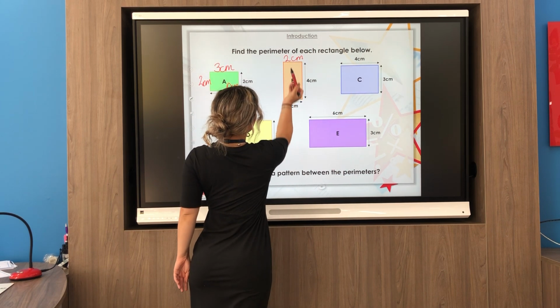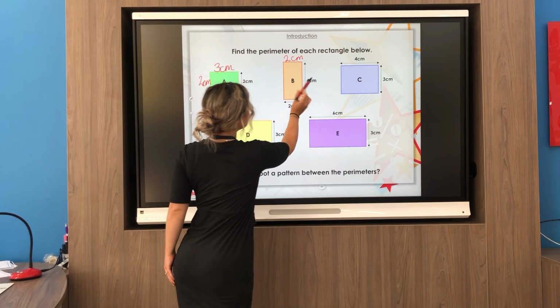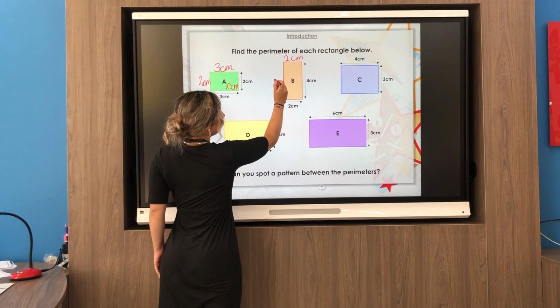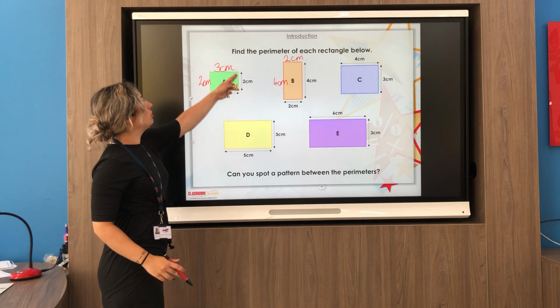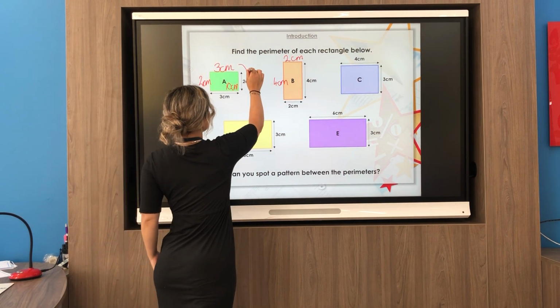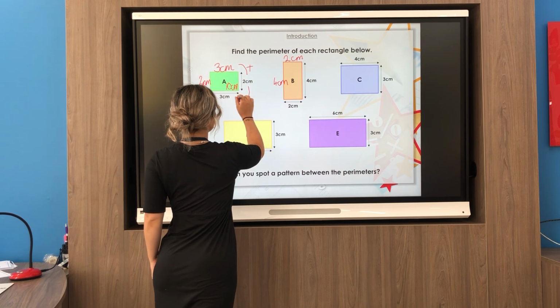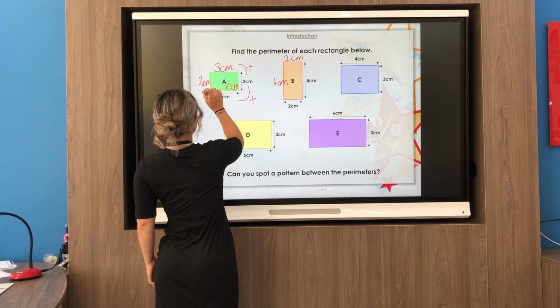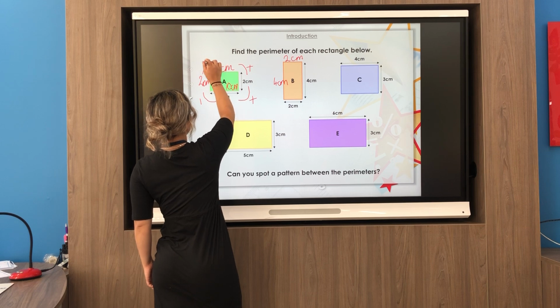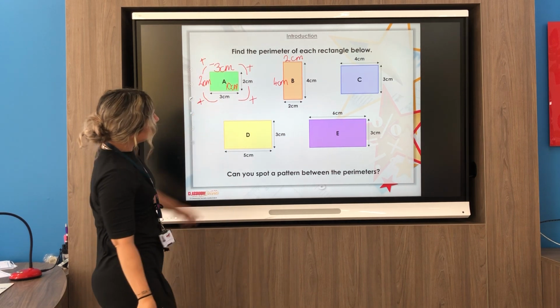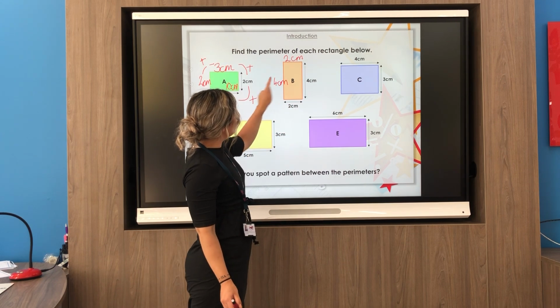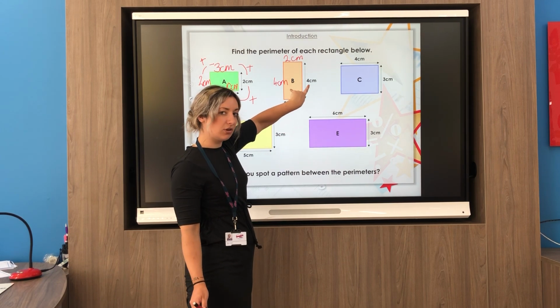I know that that one is also going to be 2 centimetres and the drop here is also going to be 4 centimetres. Now if you didn't want to do adding these all together, you could also do times. So we could do 4 times 2 because there's 2 sets of 4.